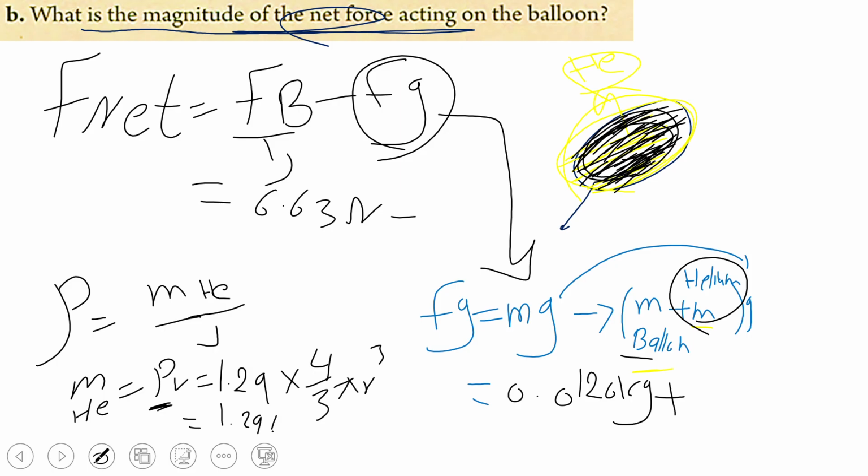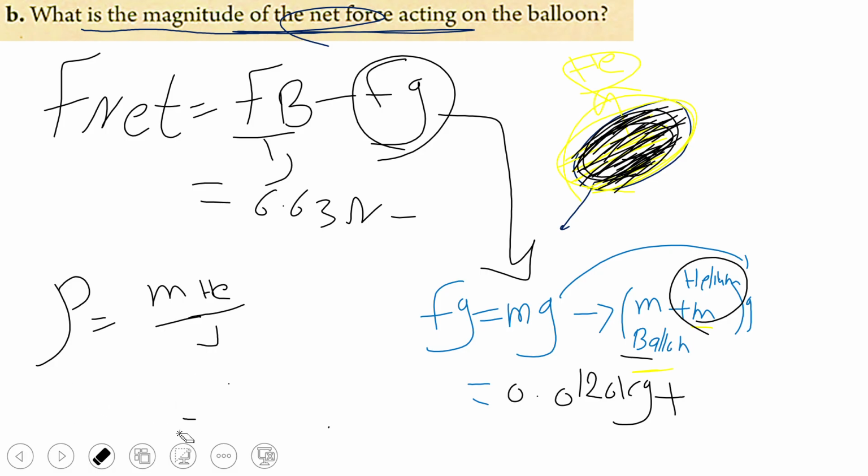Mass equal to rho v, and we say the density of the helium is 1.29, times 4/3 pi r power 3.